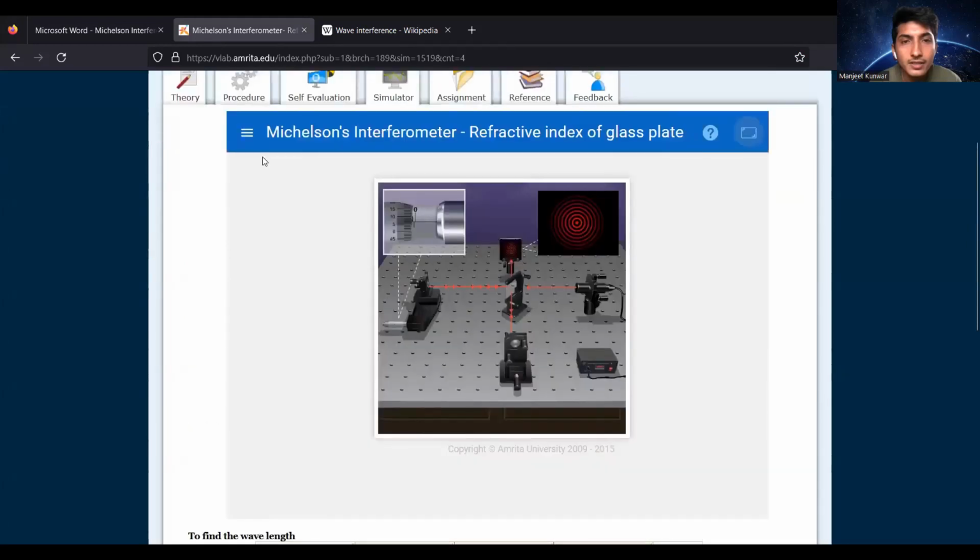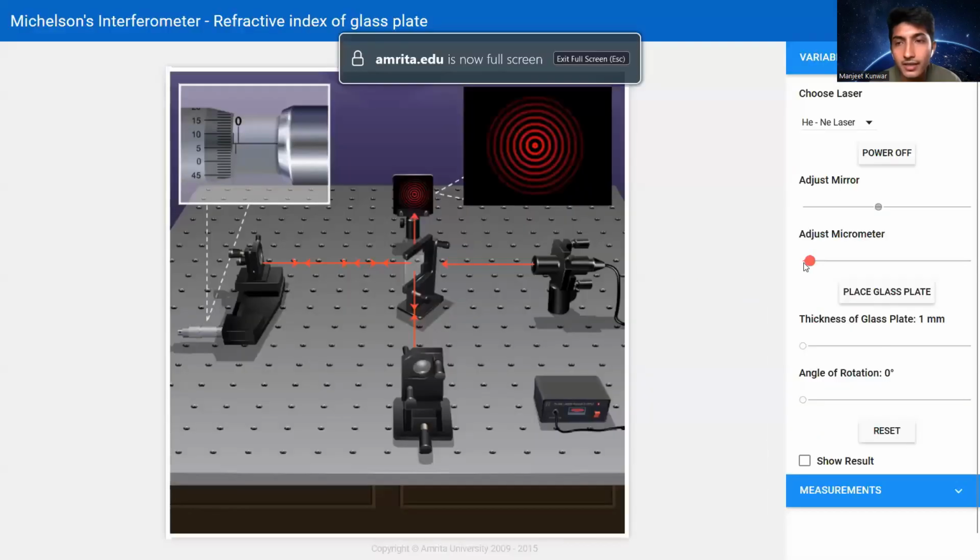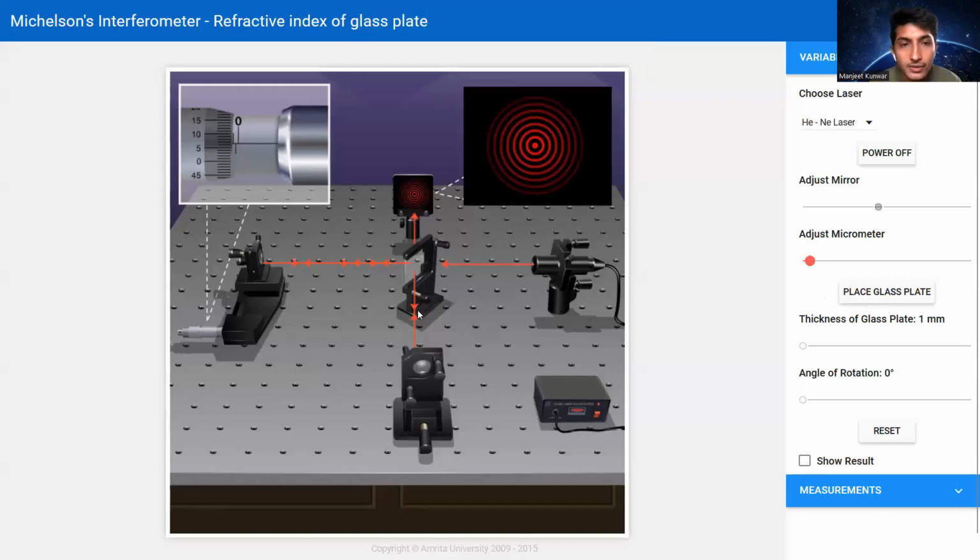demonstrate the refractive index of glass, which can be done through the same simulator. So I'm going to enlarge the same simulator, and here we don't have any glass plate, and I'm going to place a glass plate.